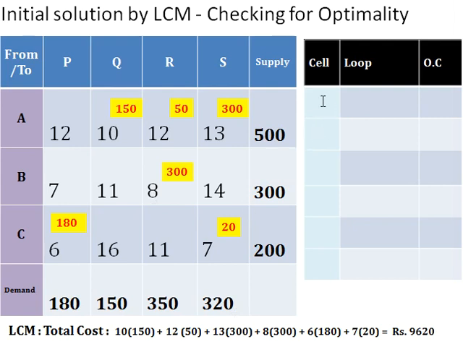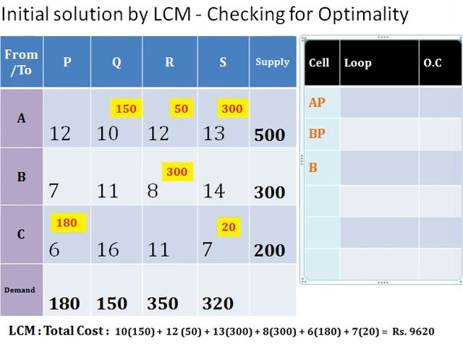Let's start by writing down all unoccupied cells available with us. As we can see: AP, another unoccupied BP, then BQ, then CQ. These are the cell addresses you can observe.